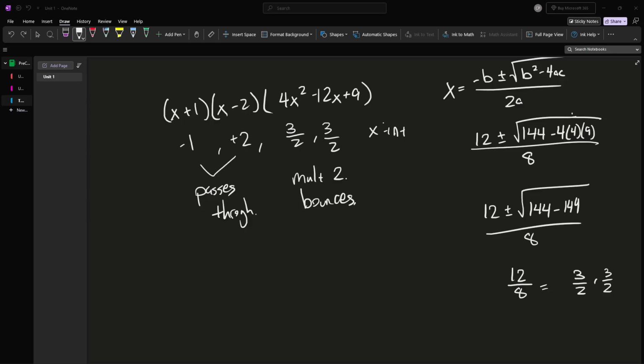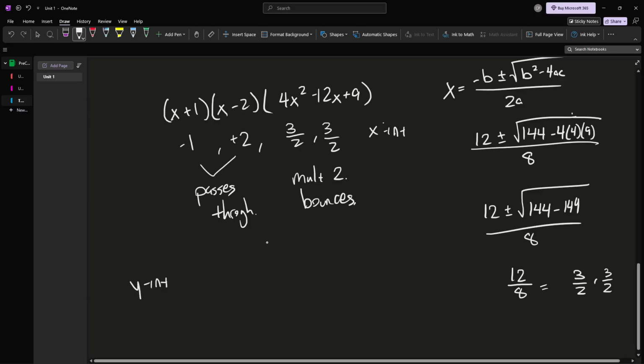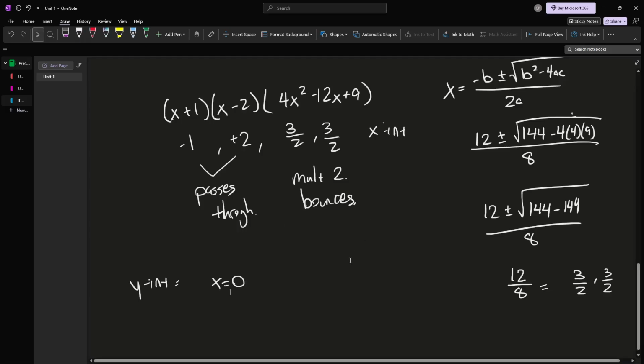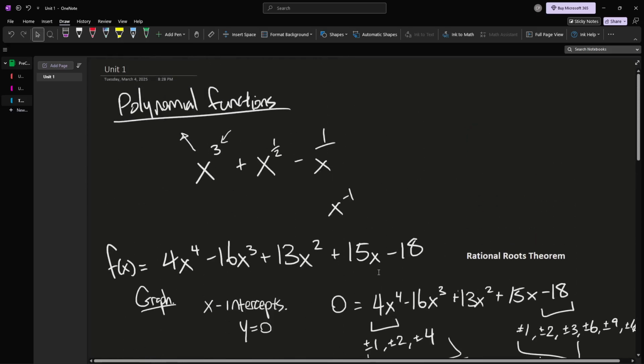So that's step 1. Get all your roots. Step 2, identify multiplicities. Step 3, find your y-intercept. This honestly could be done first, but the y-intercept is where you're touching the y-axis. Therefore, your x must equal 0. So let's look up at our original equation and see, when I plug 0 into the function, what do I get?